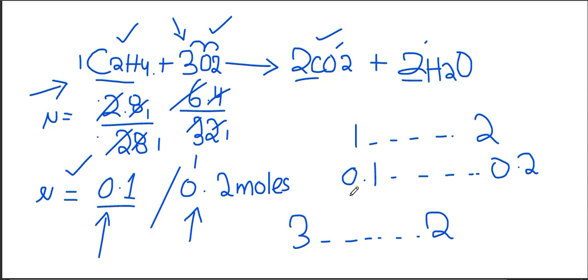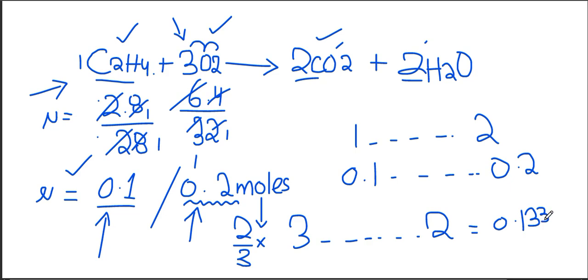Now what I will do is multiply by the moles: 2 upon 3 multiplied by 0.2 moles, and I'll have my answer as 0.133 moles.